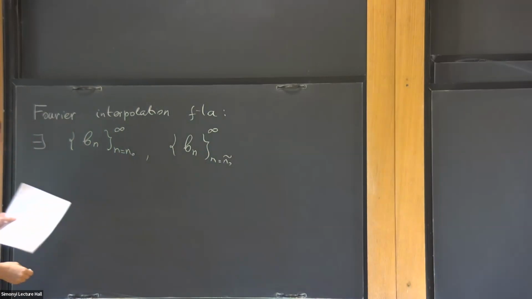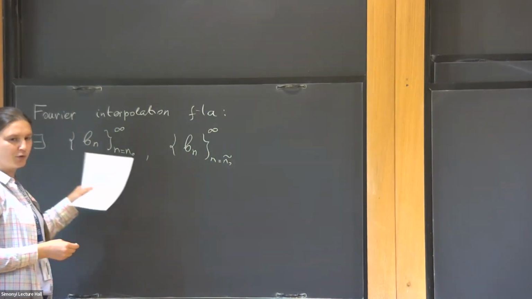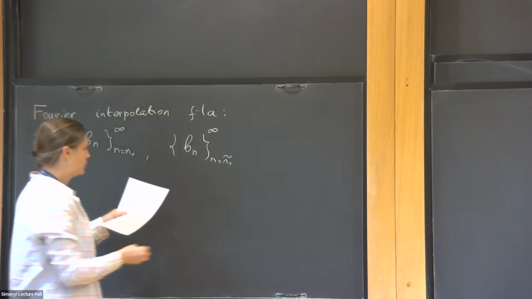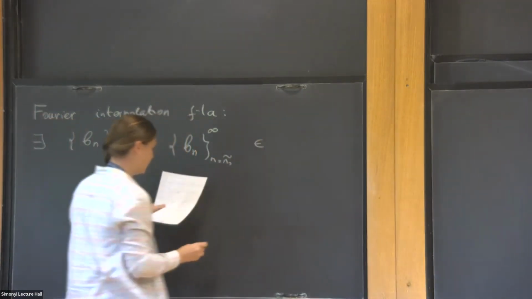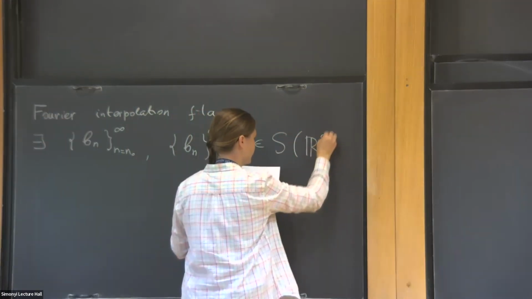Last time we spoke about functions on the real line and then about even functions on the real line. But today, let's make it a bit more general and speak about Schwartz functions in D-dimensional Euclidean space.